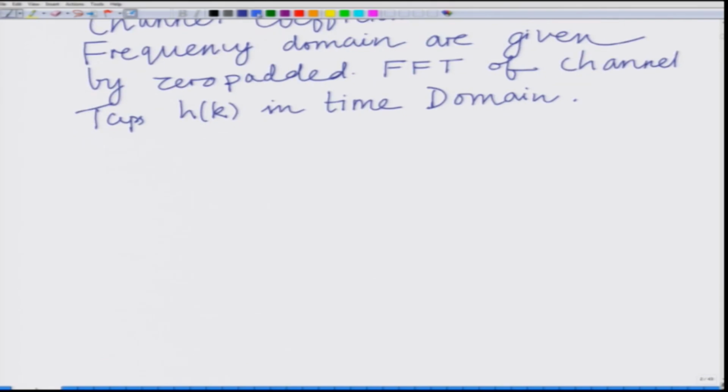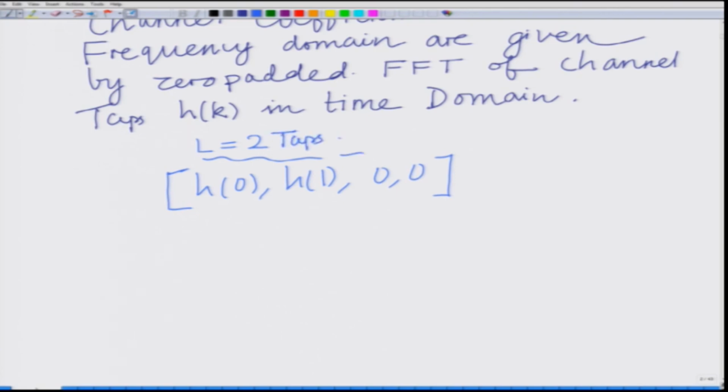So, that can be demonstrated as follows. I pad the L equal to 2 channel taps with N minus L, that is 4 minus 2, equal to 2 zeros. This is also something that we have seen before: you pad them with N minus L zeros, to get an N equal to 4 point sequence.